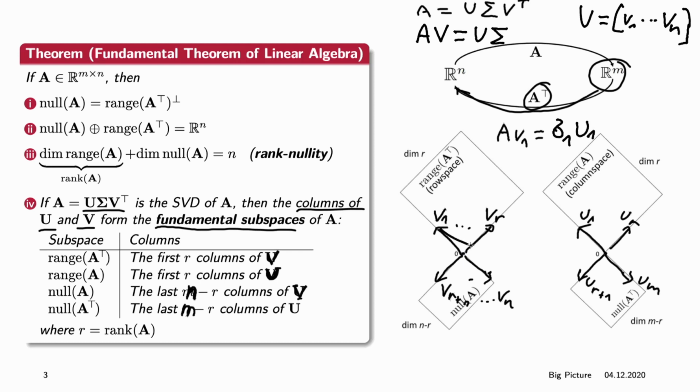So this, assuming that sigma 1 is larger than 1, would be mapped to this point here, sigma 1 u1. Similarly, if we take v_r and map it by A, we get this point here.